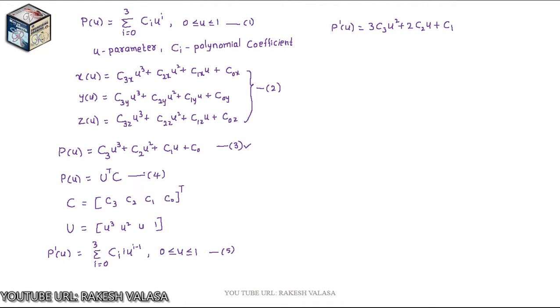I already showed on the previous page that the initial point is P0 and the end point is P1. Now apply the boundary conditions for P0 and P0 dash.